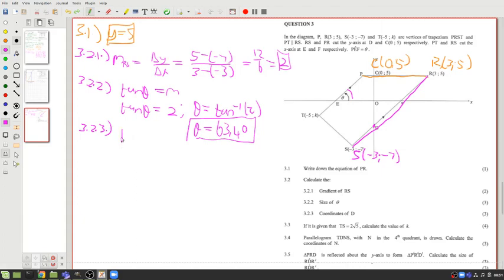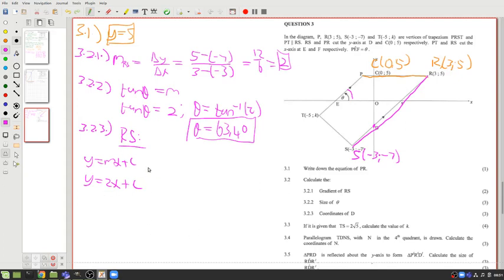So let's calculate the equation of line RS. We know it's going to be y equals mx plus c because it's a straight line. We already had the gradient. We calculated that to be 2, so y equals 2x plus c. And then to find c, we just substitute a point in. I'm going to substitute in point R, any point that lies on the line.